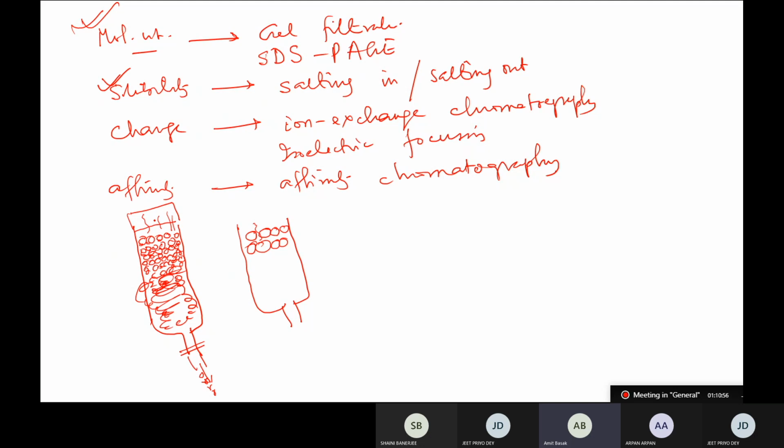So what will happen now? The small protein molecules will get entrapped into these small holes that are present. The large molecules will not enter into the gaps, because they cannot fit into the gaps.